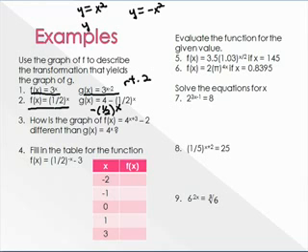Or if I have y is equal to the square root of x, and then I look at y is equal to negative square root of x, remember that flips it over the x-axis. So that's what that negative is doing there. So it's reflecting it in the x-axis.